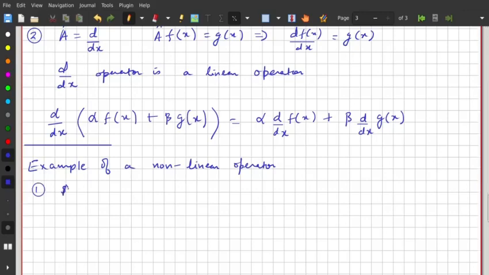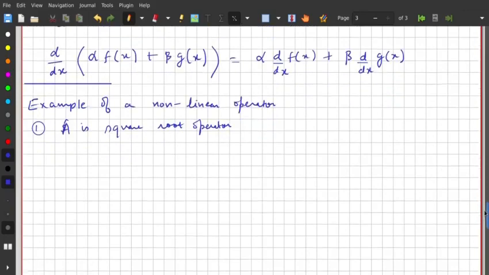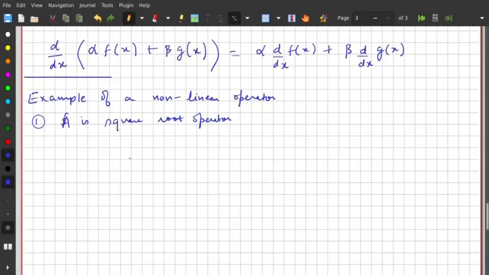I'll say that A hat is the square root operator. Now you can think about the idea, let's say, that if you want to take the square root, or let's write first in terms of how we think about operators. So let's write what we mean. So let's say we have A hat, and let's see why it's nonlinear.